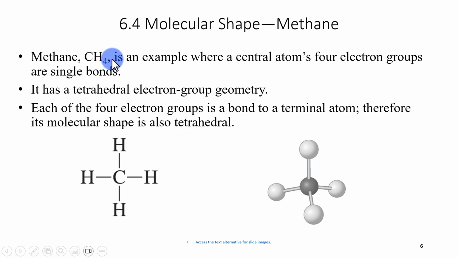Methane, the CH4 molecule, is an example where the central atom is bonded to four terminal atoms by single bonds, and we said that these all count as one electron group each. So there are 4 electron groups. If we go to that table, 4 electron groups around the central atom gives me a tetrahedral electron group geometry, because my 4 electron groups are arranged tetrahedrally around the central atom.